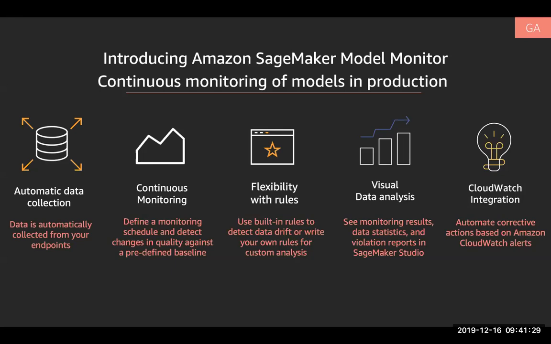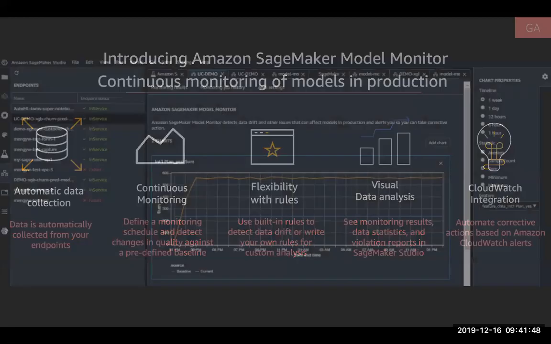And again, I think this is a really, really big step forward in helping you to come to this production machine learning pipeline environment with all of the different launches that happened here, from experiment tracking to debugging training runs to now being able to monitor the models in production.